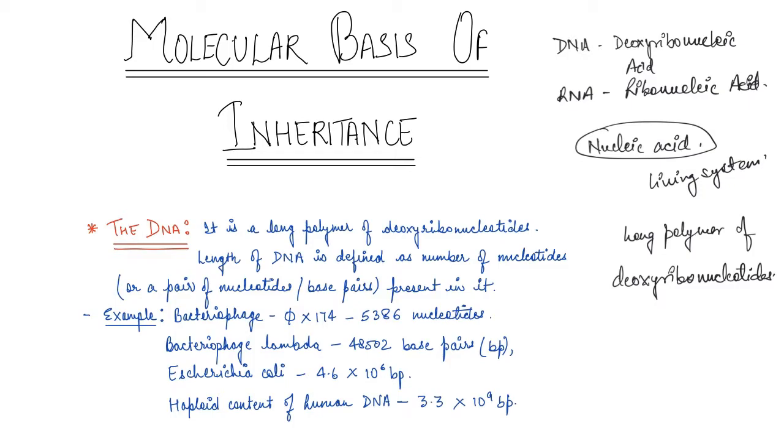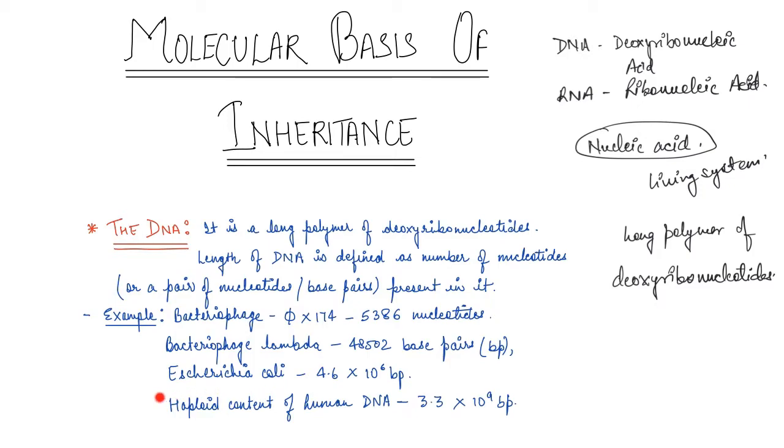Say for an example, a bacteriophage has 5386 nucleotides. In the same way, a bacteriophage lambda has 48,502 base pairs. E. coli has 4.6 into 10 to the power 6 base pairs. And haploid content, remember haploid content is mentioned here, although humans are diploid.